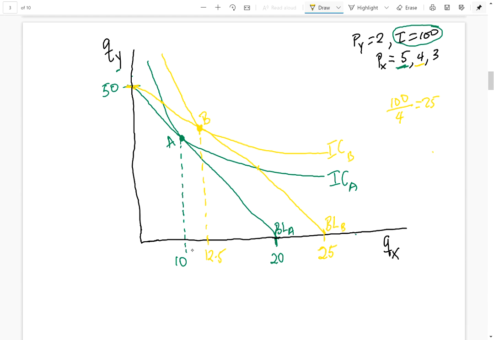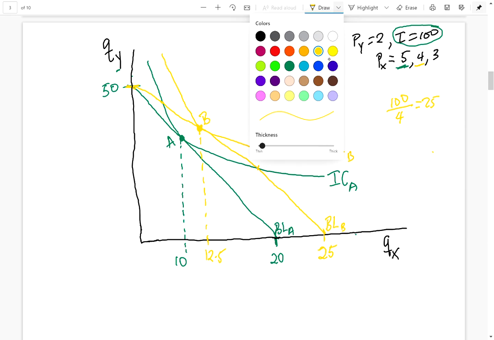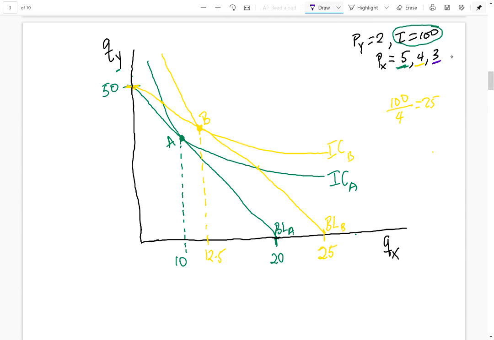Okay. We have one more, point C, for the $3. When the price of the good is now $3, Rory is going to be able to afford even more stuff, but we want to know exactly how much more. So if she's spending all her money on good X and the price is now $3, then she can afford 33 1/3 units of the good.